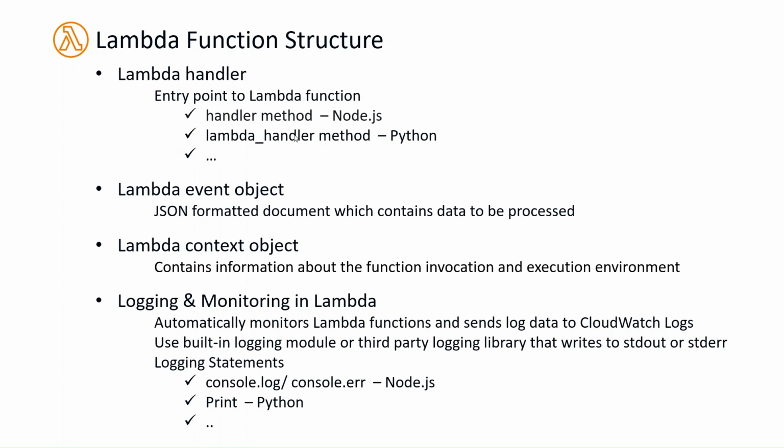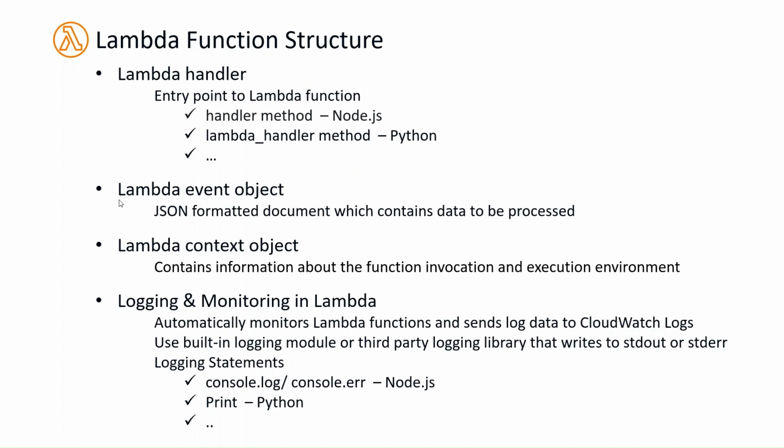First, the Lambda handler method. The Lambda handler method is the entry point for the Lambda function. The execution starts from this method. For example, the Lambda handler method in Python, the handler method in Node.js work as the entry point.